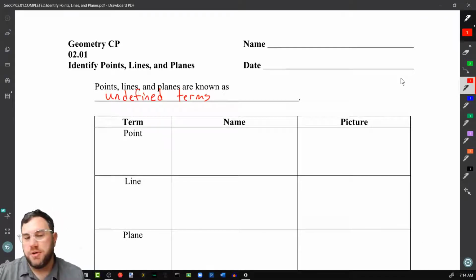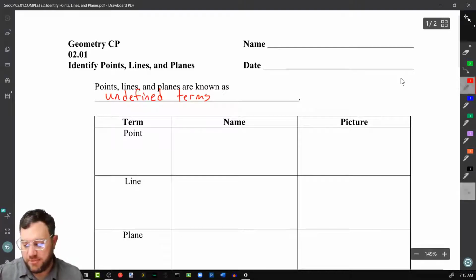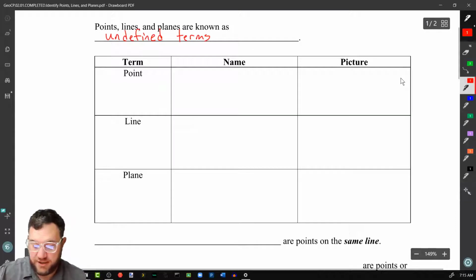You used the coordinate plane, and that's a plane. It was flat, but there are more planes than just that one. But in geometry, these are not terms that have formal definitions. They have some characteristics, some descriptions that everyone agrees on, but they don't have actual definitions. So we're going to have to try to define them without defining them.